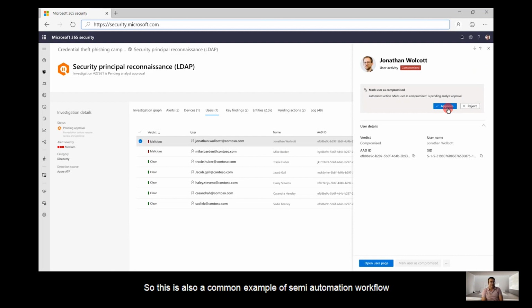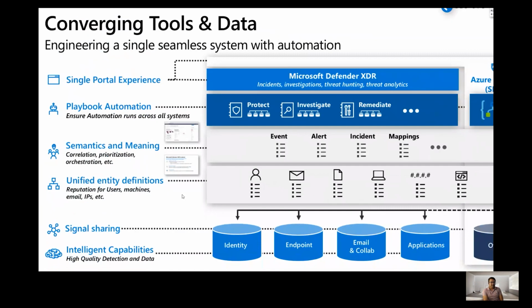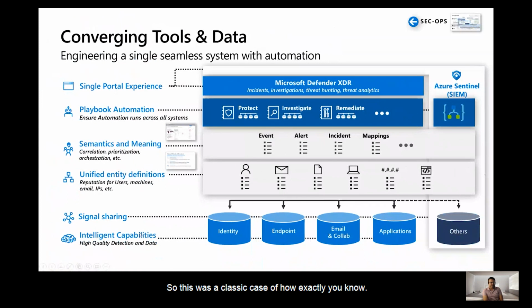So this is a common example of a semi-automated workflow, which can wait for a security operations response for taking the next step. Some of the jobs can automatically do the remediation depending on the scenario as well. So this was a classic case of how XDR is making a difference in reducing the overall load.